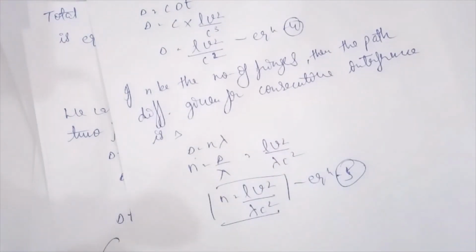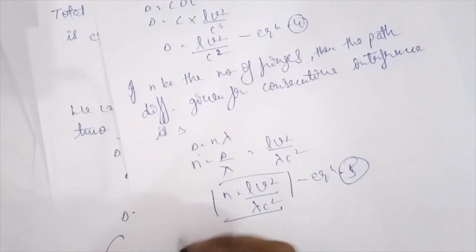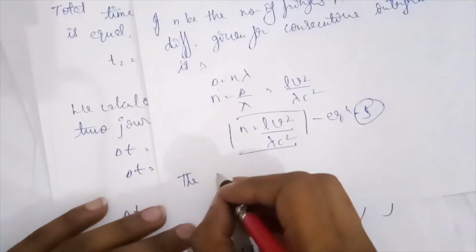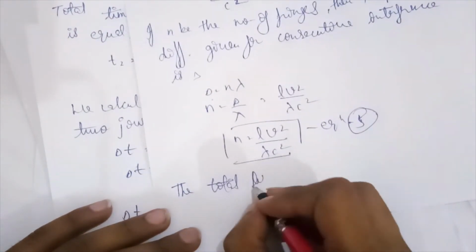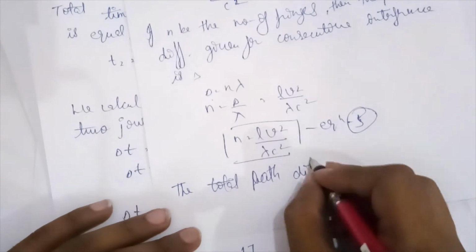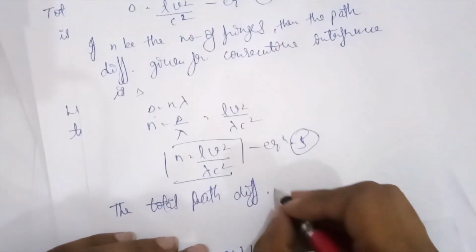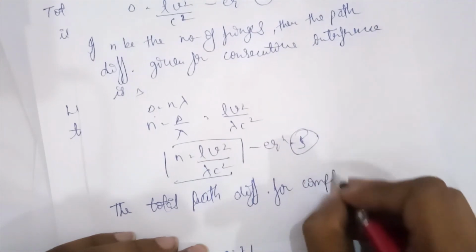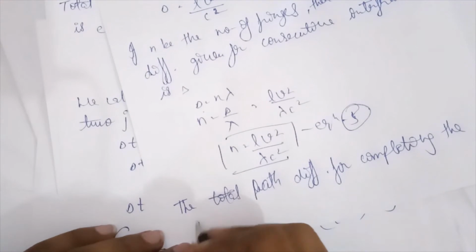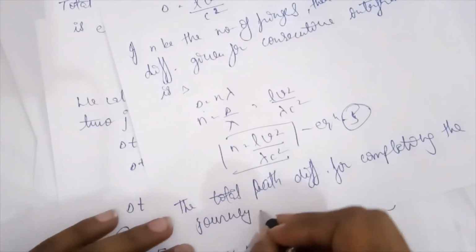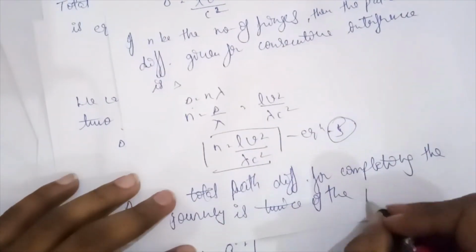Okay, now the total path difference for completing the journey is twice of the previous path.